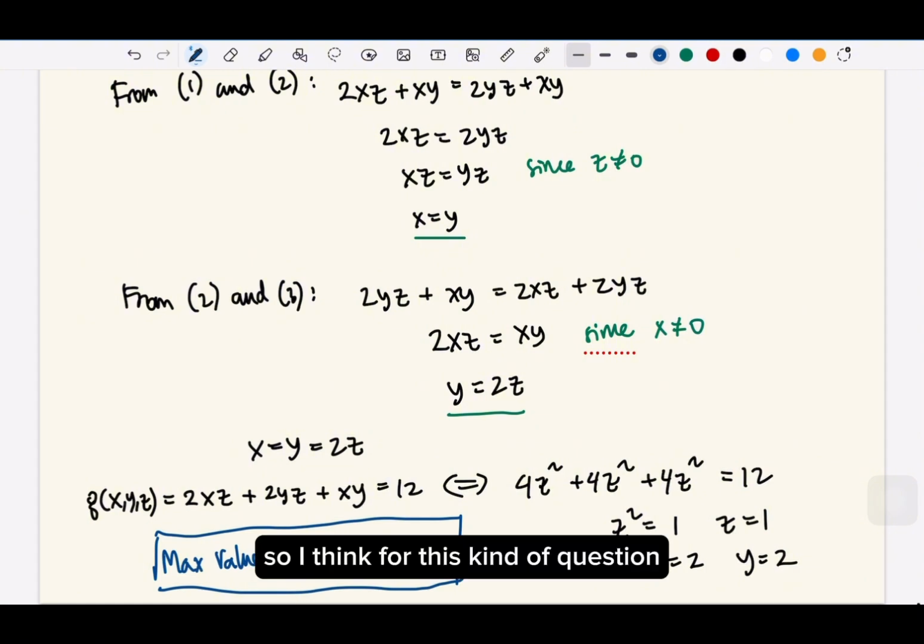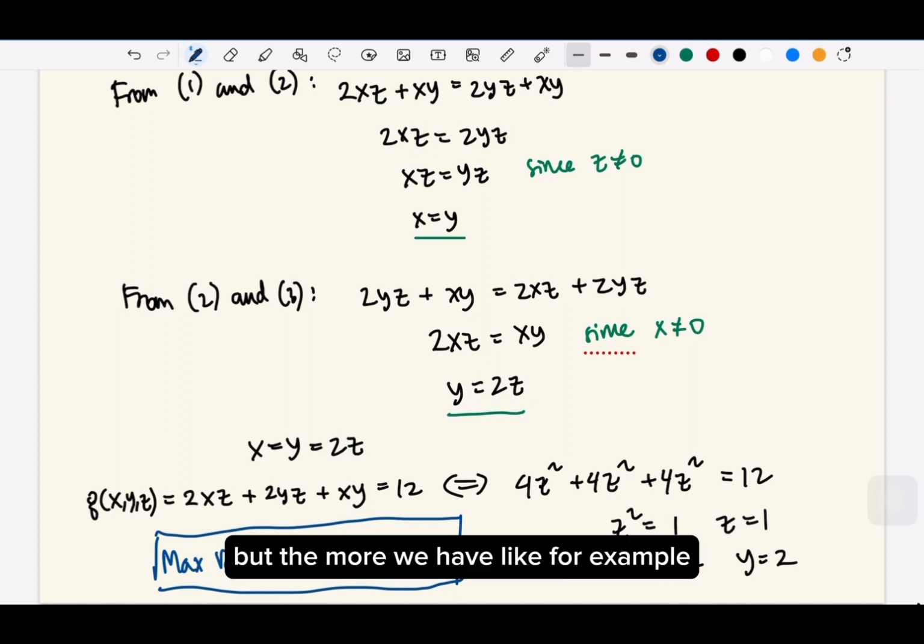So I think for this kind of question, the first method that we tried may be simpler than Lagrange.